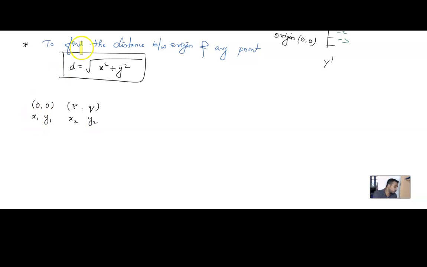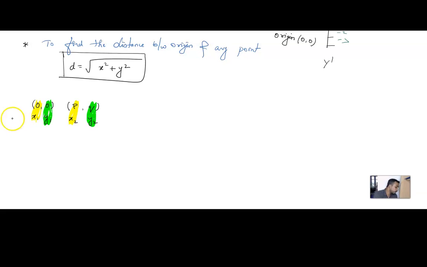So what is the value of x1? That is 0. What is the value of x2? That is p. What is y1? That is 0. What is y2? That is q. Can you see, children? Always it should be in the form of first x, then y. If two values are there, x1, y1, x2, y2.